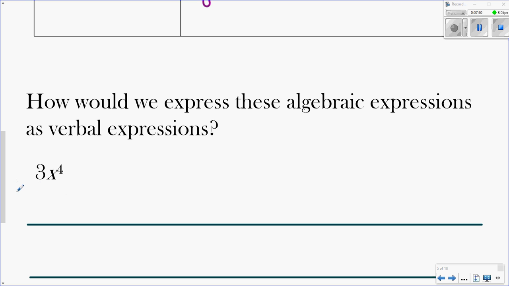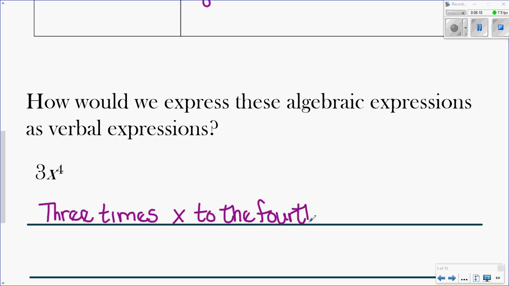There could be different ways of doing this. We could write 3 times x to the fourth power. That's one way you can write it.